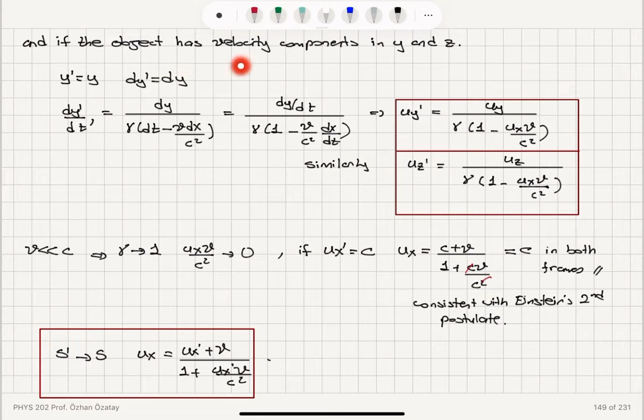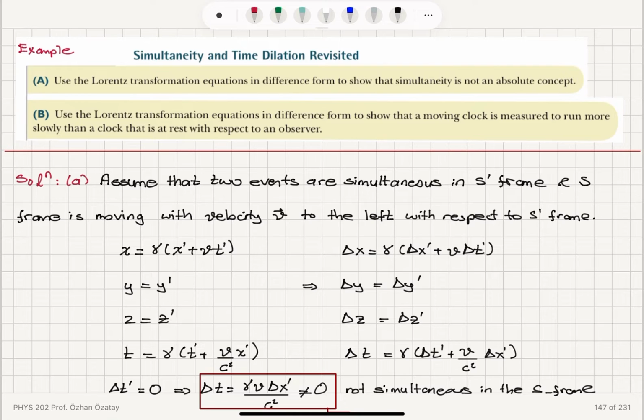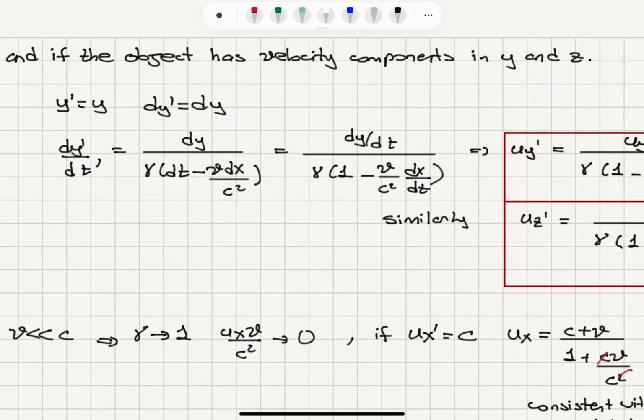And if the object has velocity components in y and z as well, let's think about how to transform those. Now we have y prime equal to y, so delta y is equal to delta y prime, so dy prime is equal to dy. So we take dy prime over dt prime. It's dy divided by gamma times dt minus v dx over c squared.